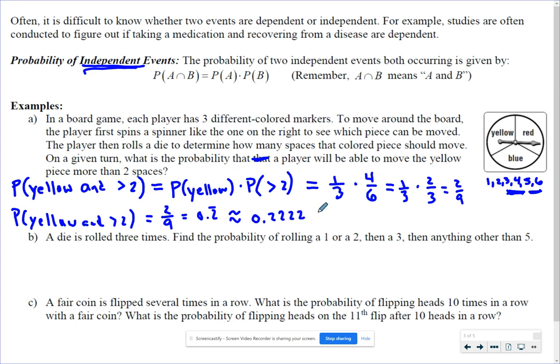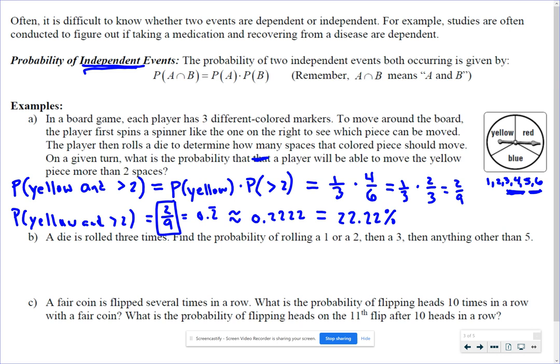And then remember how to change a decimal to a percent. We move the decimal point 2 places to the right, so that becomes 22.2%. So just over 22%. We will most of the time just leave our answers as reduced fractions, but if you had to, you could change it to a decimal or a percent.